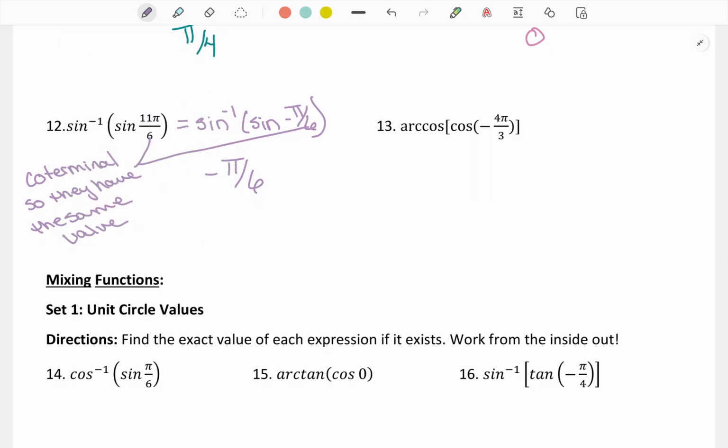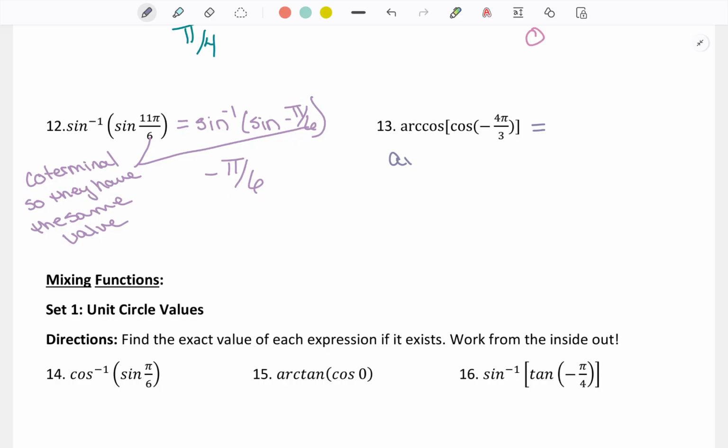So let's look at now 13. We have the arc cosine of the cosine of negative 4 pi over 3. So this is also a negative angle, so we could express it as coterminal and actually be in quadrant 2 where we need to be.